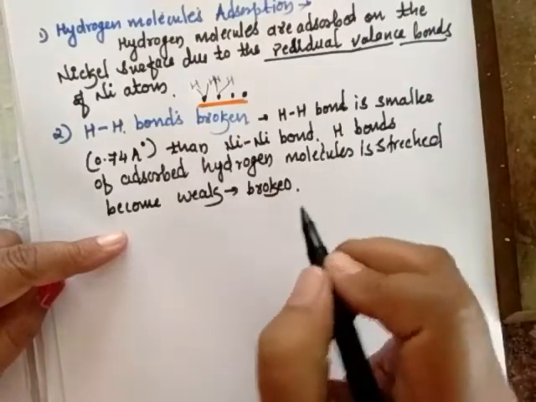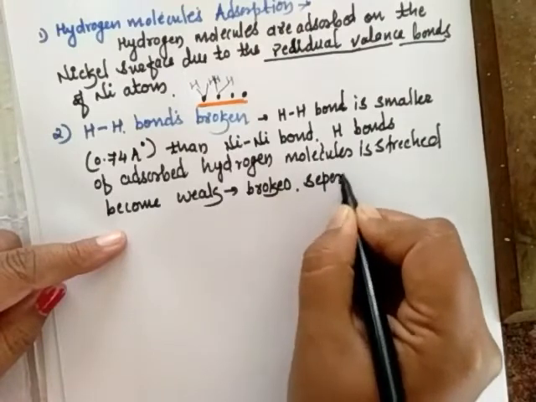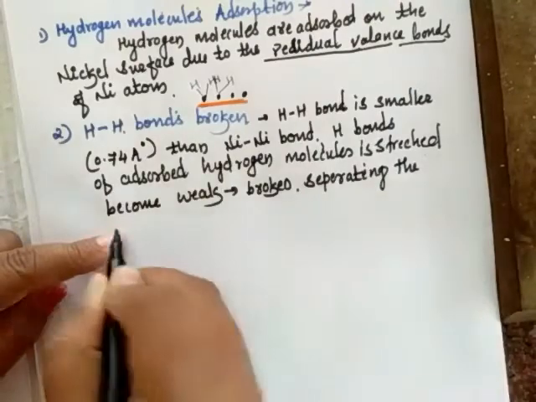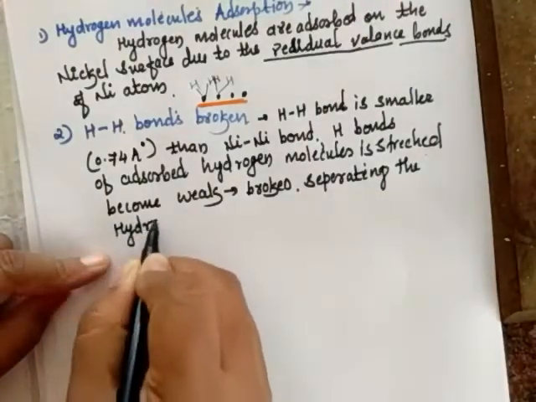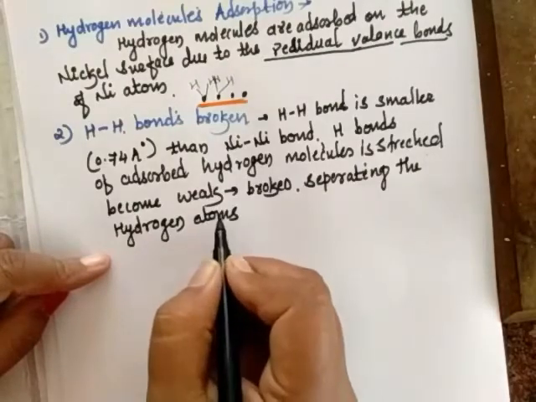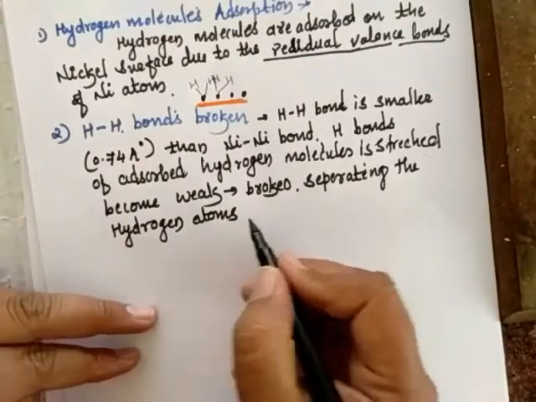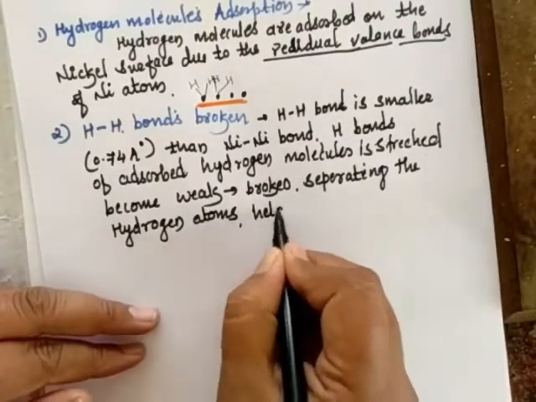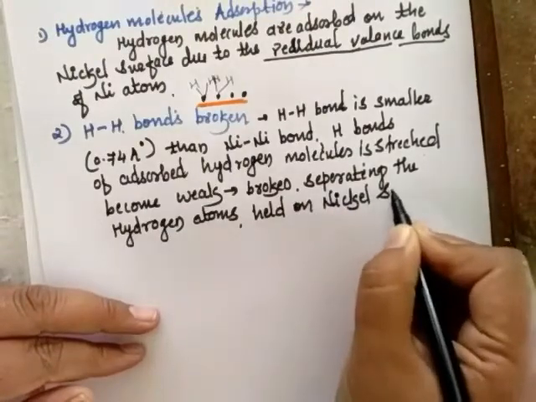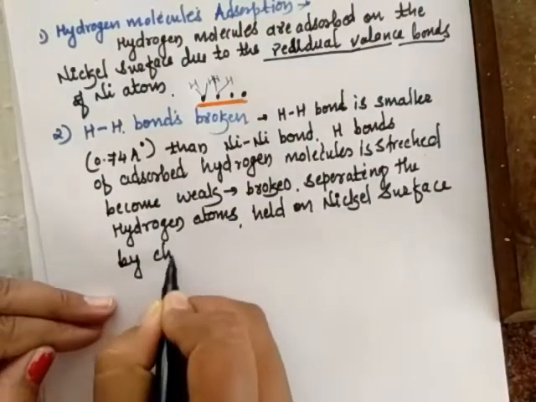Now the hydrogen molecule gets separated into hydrogen atoms, and they are held on the nickel surface by chemical bond.